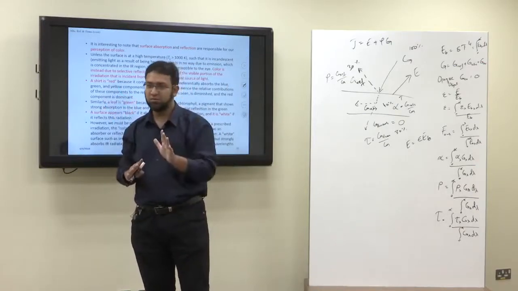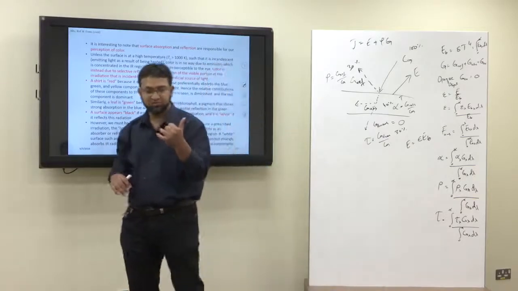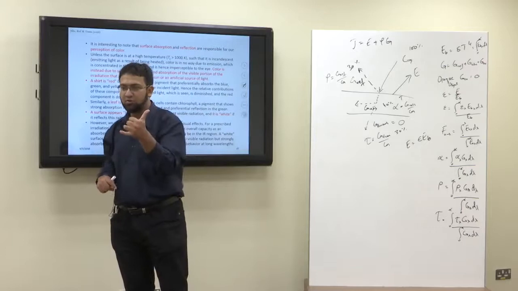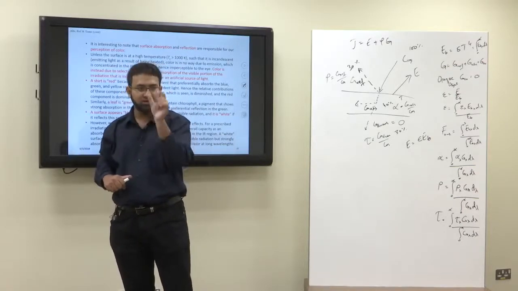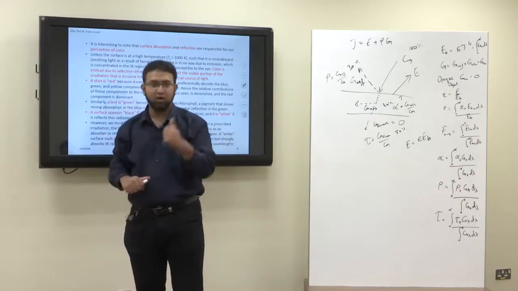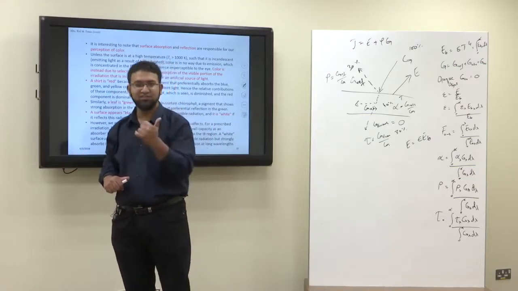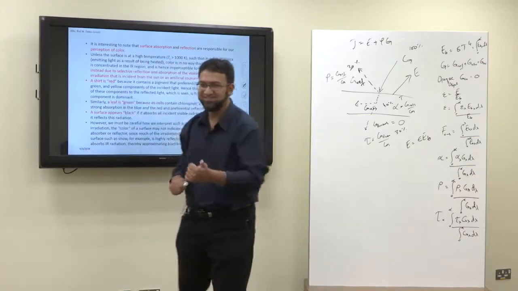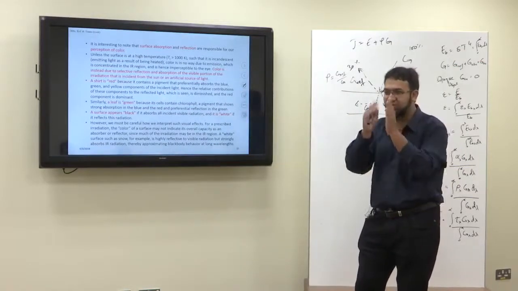All the colors lie within this spectrum: violet, indigo, blue, green, yellow, orange, red. These are the colors of the rainbow.